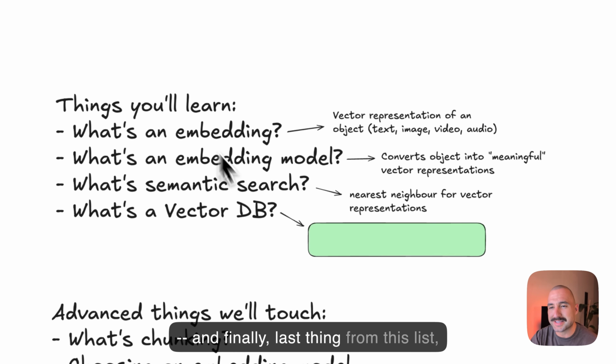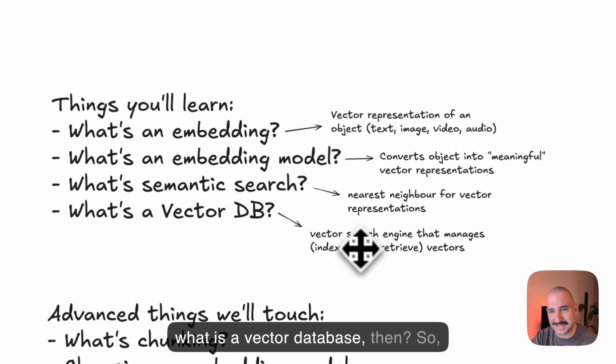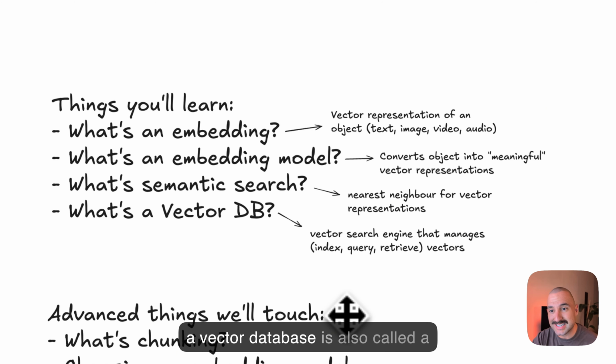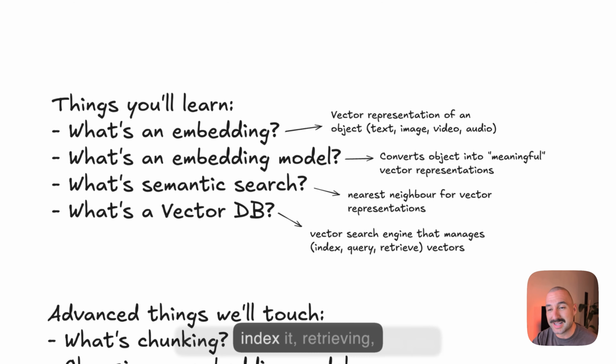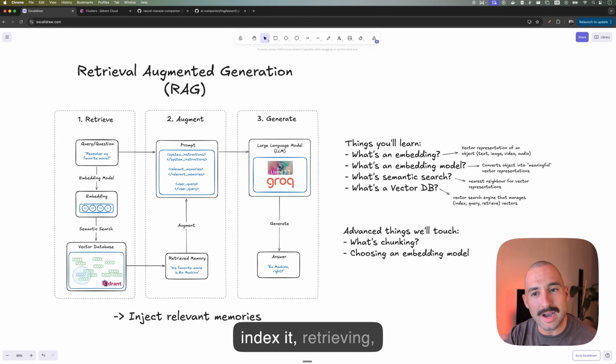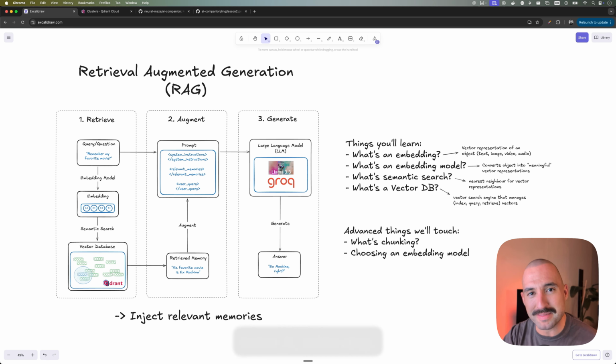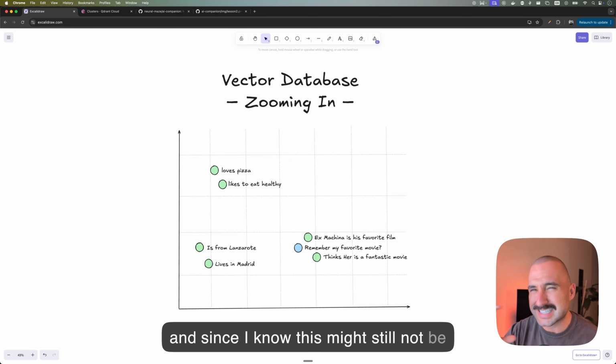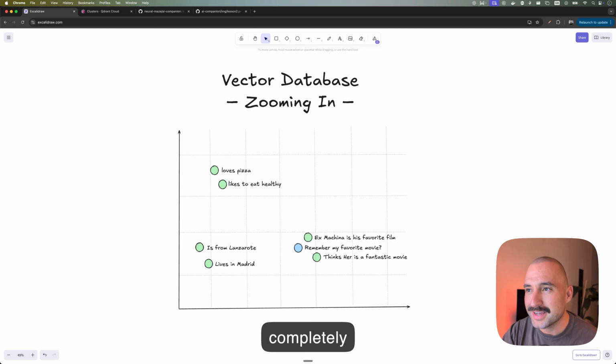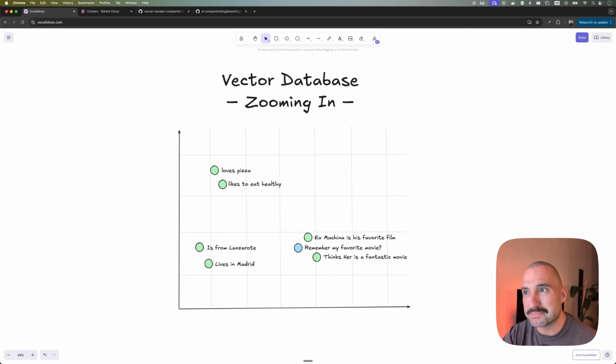And finally, the last thing from this list: what is a vector database? A vector database is also called a vector search engine, and what it does is it helps you with indexing, retrieving, and querying these embedding vectors. Since I know this might still not be completely clear, let's zoom in on what a vector database is.